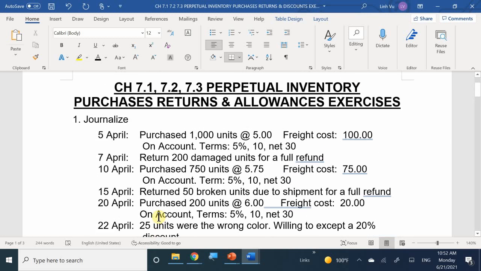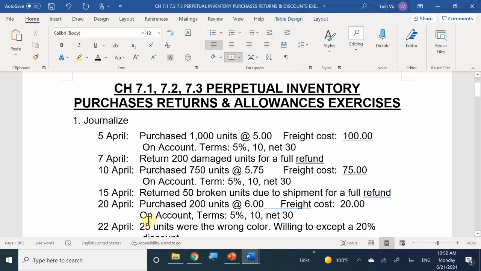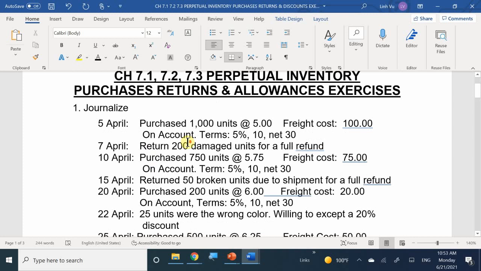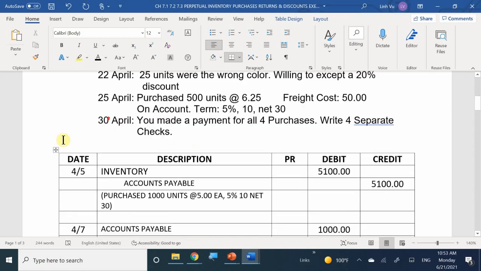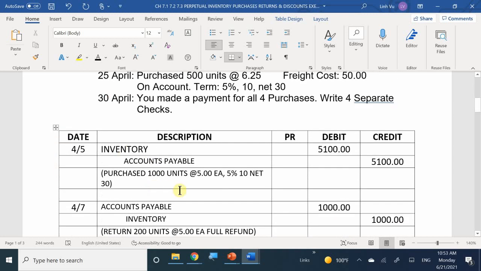All right, so let's go ahead and review our purchases. We made a purchase on April 5th, but we returned 200 of those items. So let's take a look at our transaction. When we originally purchased 1,000 units, it cost me a grand total of $5,100.